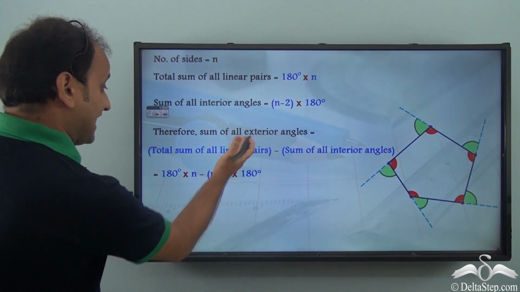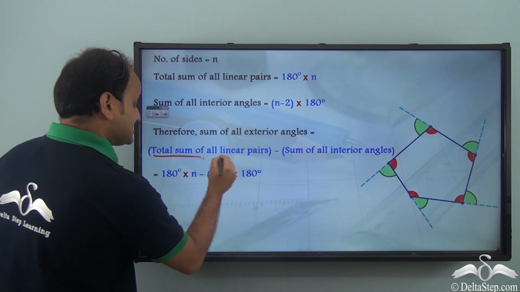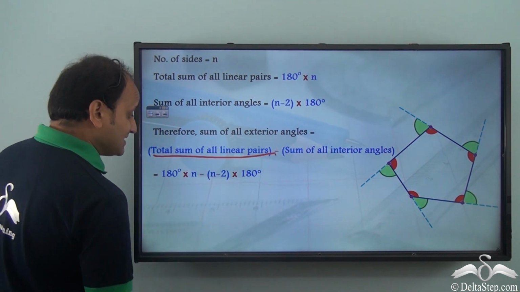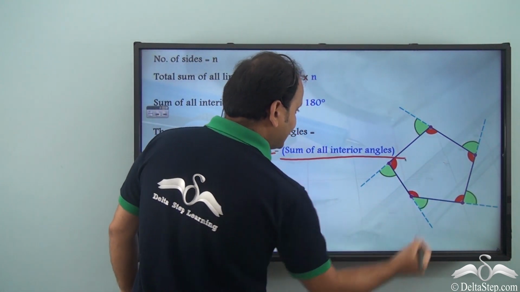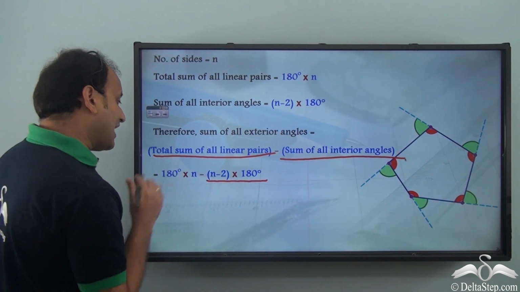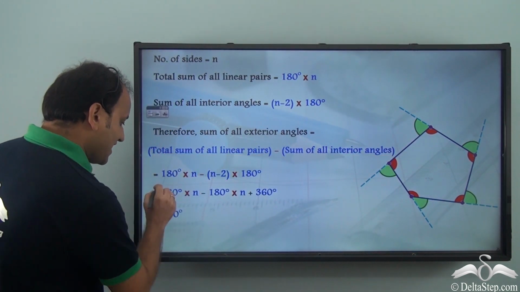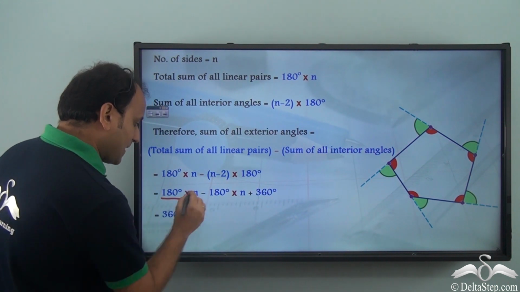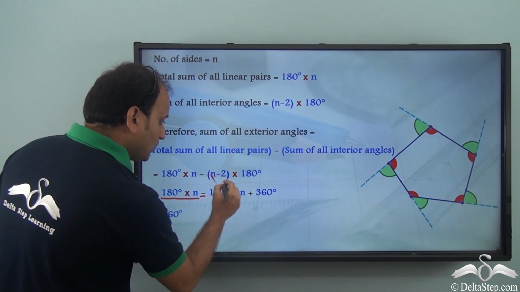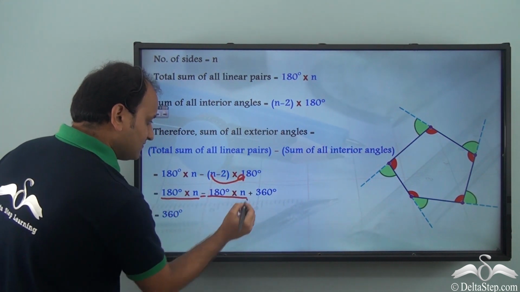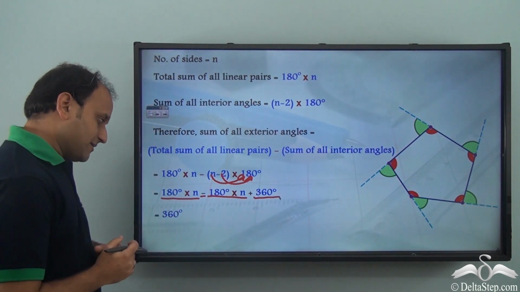So in this case, we can write this as 180 degrees into n, which is the total sum of all linear pairs, minus (n minus 2) into 180 degrees, which is the sum of all interior angles. Now if we break this, what do we get? We get 180 degrees into n, minus this (n minus 2) will convert into 180 degrees into n, and 2 into 180 degrees, that is 360 degrees.